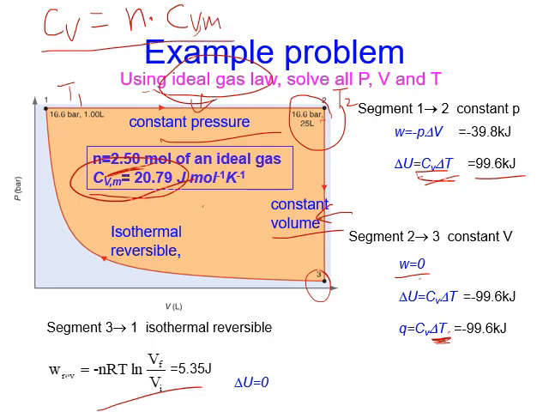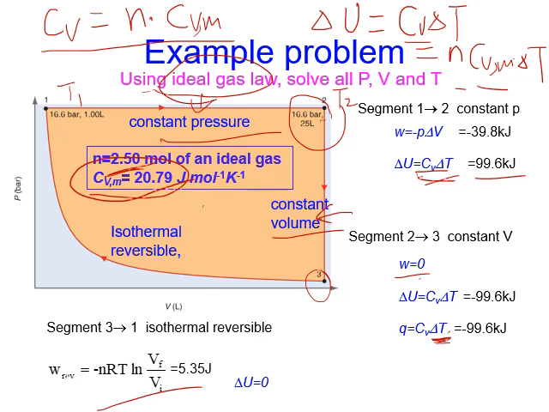Sometimes we write delta U equals CV delta T, but more commonly it's n CVM times delta T, because this is molar heat capacity. You multiply by the total number of moles, and that gives you the total heat capacity. All right, so that's delta U.